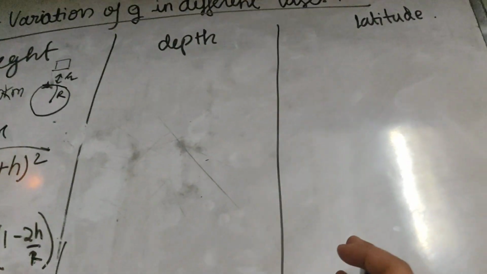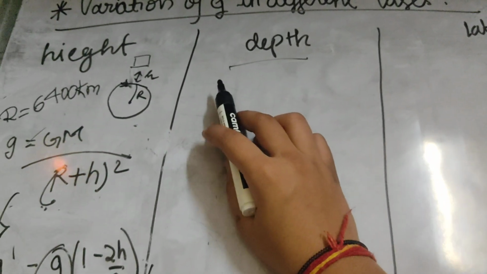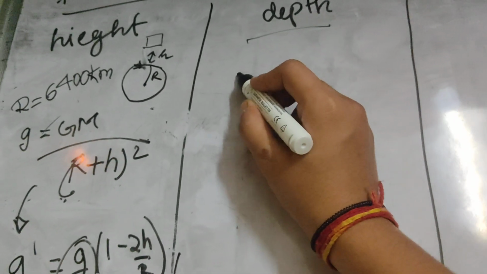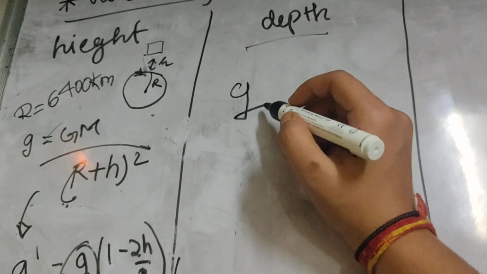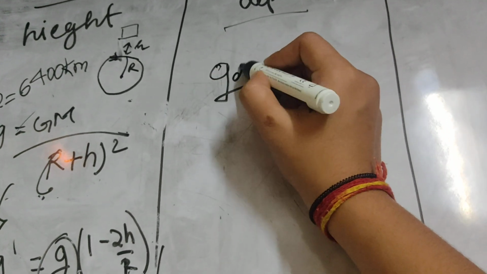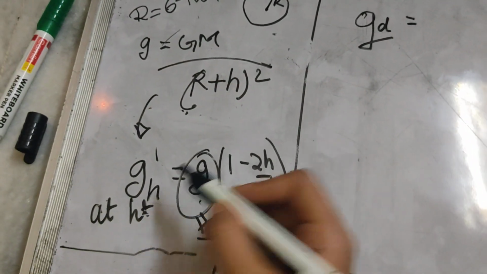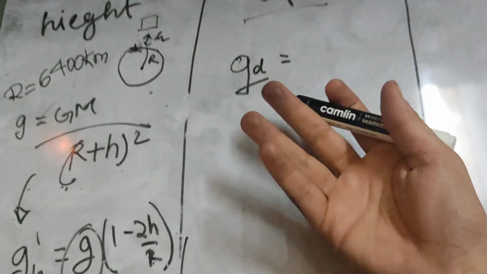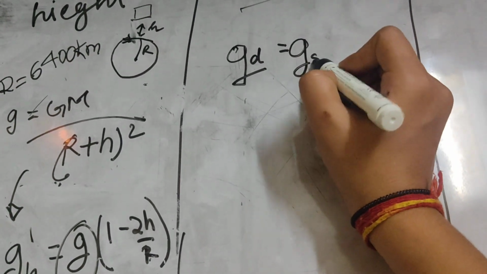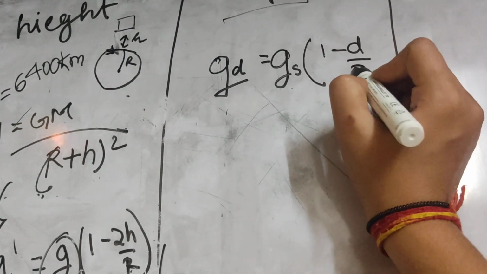So these questions will mostly be asked in terms of ratio. Direct values they will never ask. Next, coming to the second case, which is about depth. In depth, there is no modification of the formula. There is just one simple formula: g at some depth, which I represent as g d, the gravity at some depth, equals gravity at the surface into (1 minus d upon R).